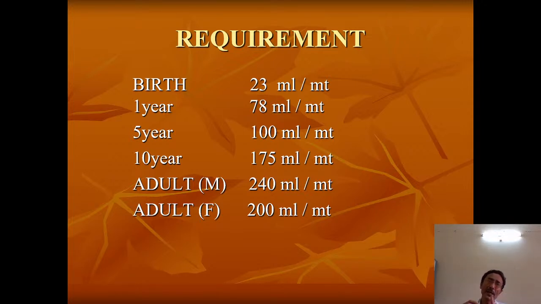A normal respiratory membrane which will allow the transfer of gases to take place. Because of the damaging effects of smoking, this transfer of gases will not take place. Oxygen is there in the alveoli, but it is not getting transported into the circulatory system. So when it is not getting transported normally, there is less oxygen going into the tissues. So the requirement of around 240 ml per minute is not met.